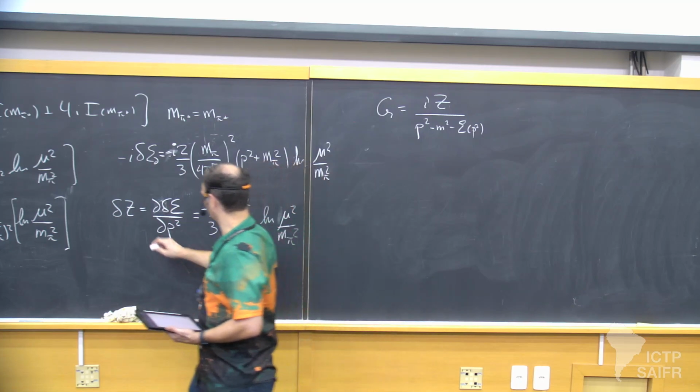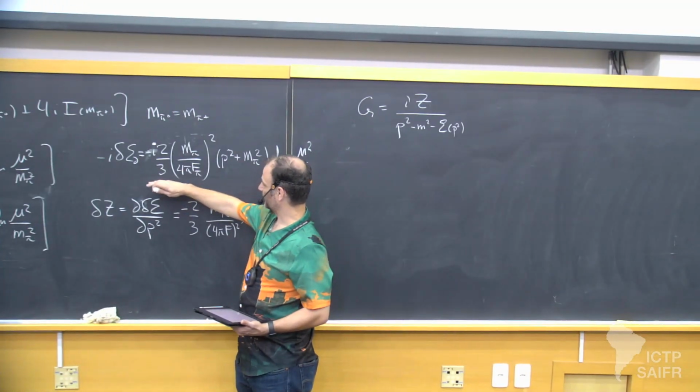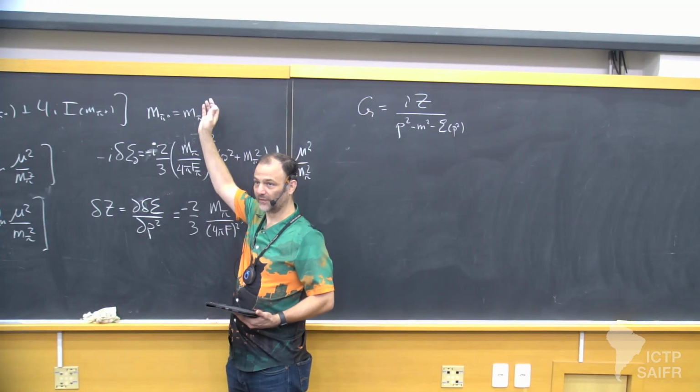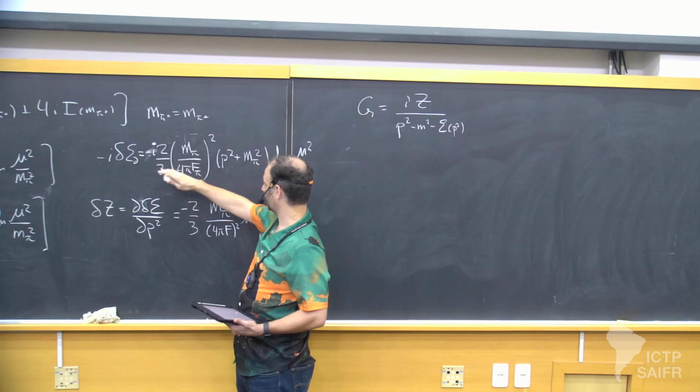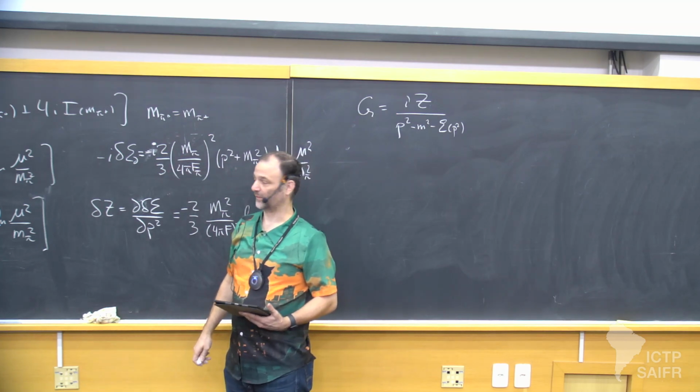I'm going to hold this here for a second because when you actually want to evaluate the shift in the pole mass, I don't have to worry about the Z factor, the wave function renormalization. I can simply just set p squared equal to m squared to get the shift in the mass.